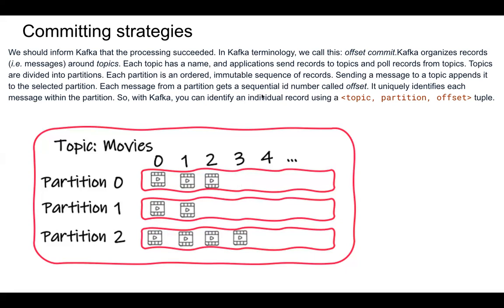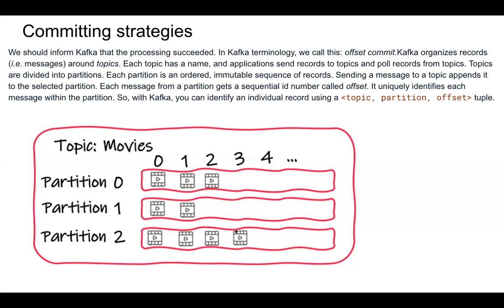Each message in the partition gets a sequential ID, which is called the offset. It uniquely identifies the message within the partition, like a sequence: 0, 1, 2, 3, 4. So in Kafka, you can identify one record based on the topic, partition, and the offset. Let's say this record belongs to movies, partition 1, offset 0.